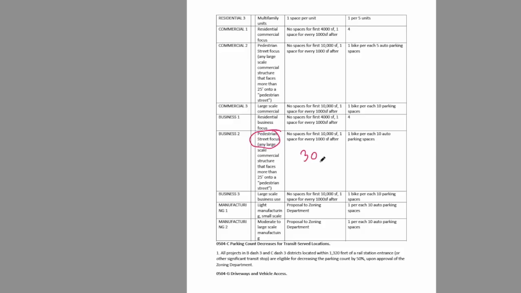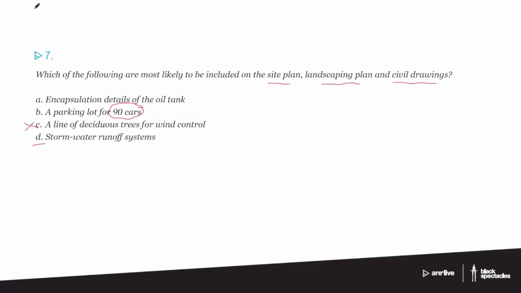But that means we're going to go from 30 to 31 or 30 to 28 or something like that. We're not going to jump to 90 unless it's said in the program that the client really wants a lot of parking, and it doesn't say that. So we can assume when we go back that 90 cars is just not believable, and therefore the best answer here is D.